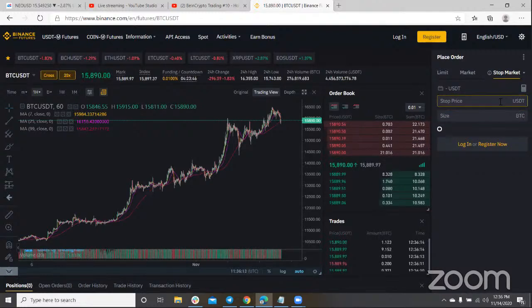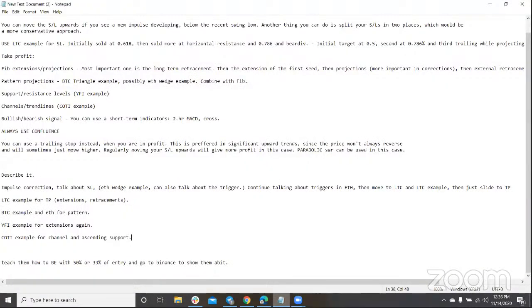Stop market is that once the stop gets triggered, you sell at whatever the market price is right there. Now the upside to this is that you cannot have an unfilled order. However, you can sell at a much lower price if you have this major dump.